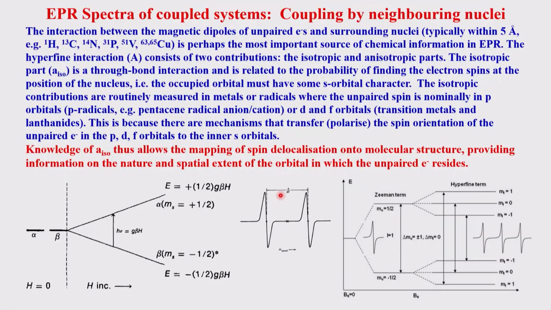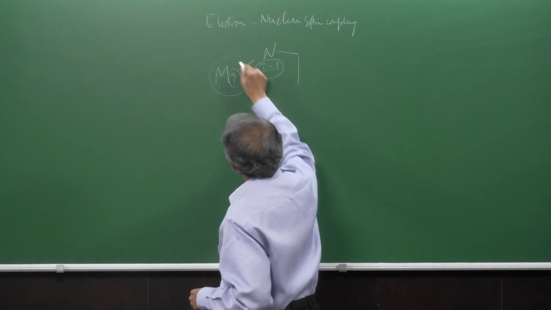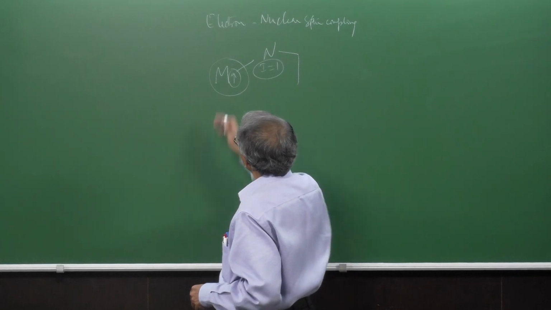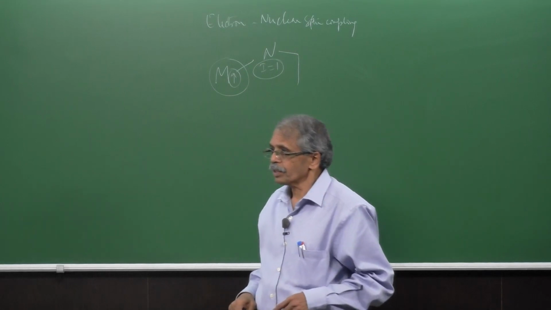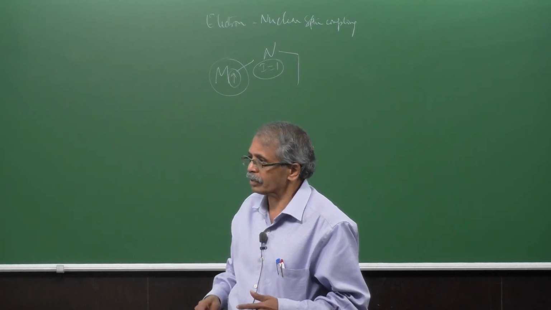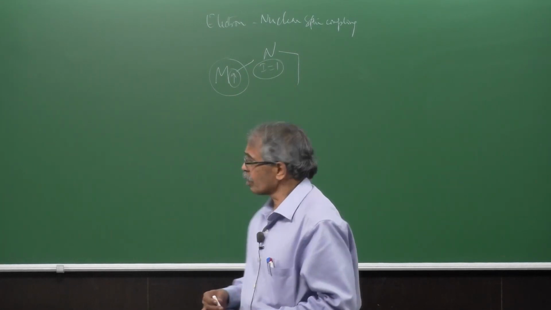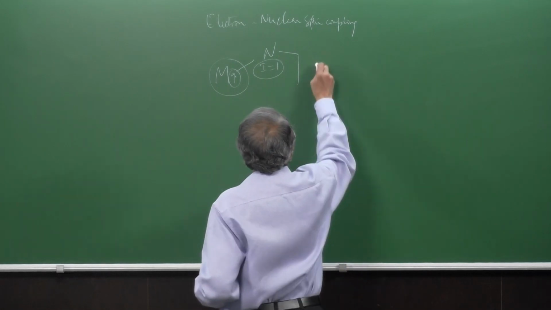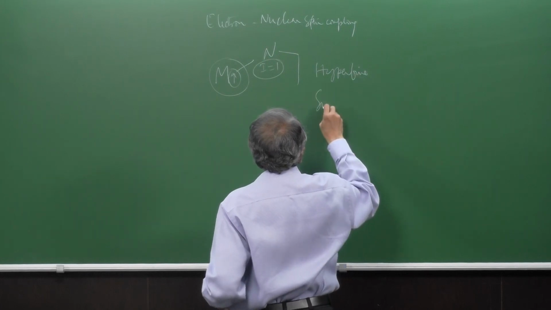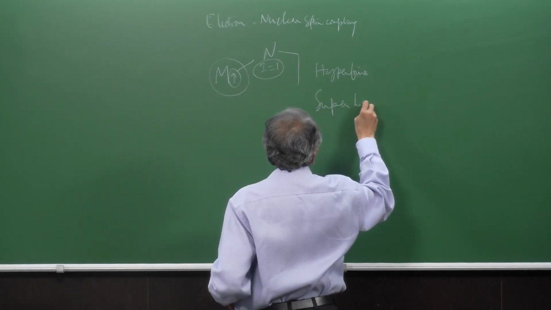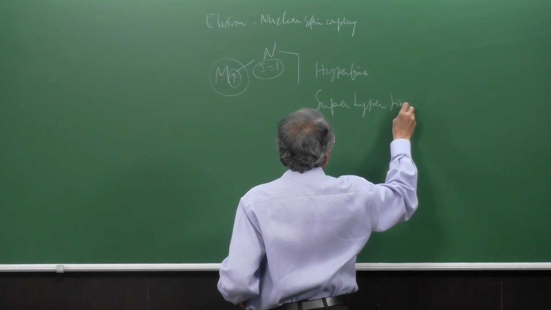Okay. And also the electron that is belonging to a particular metal. Each metal has a different kind of I value, so even that also gives a signature. So one is the hyperfine, the other is the super hyperfine coupling. These are referred to as the hyperfine and super hyperfine coupling.